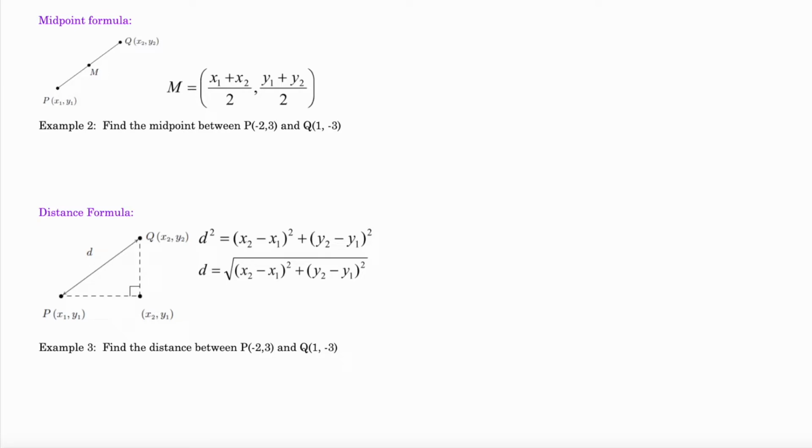Our P is our first point, so we'll say x sub 1, y sub 1, and I'll think of Q as our second point, so x sub 2, y sub 2. We can find the midpoint by adding the two x values together, -2 plus 1, dividing by 2, and adding our y values together, 3 plus -3, divided by 2, gives us (-1/2, 0).